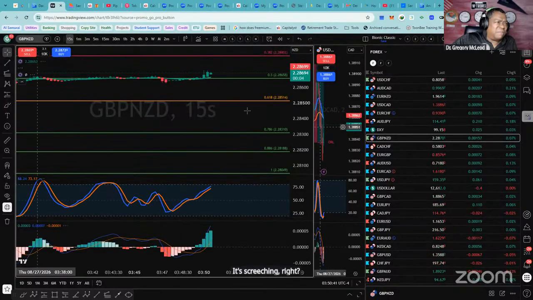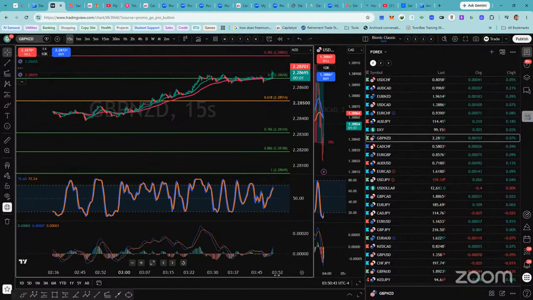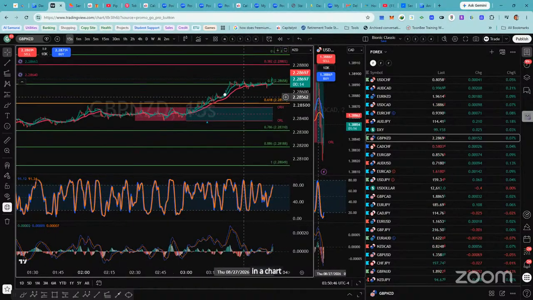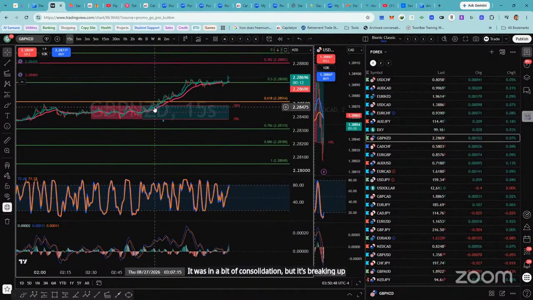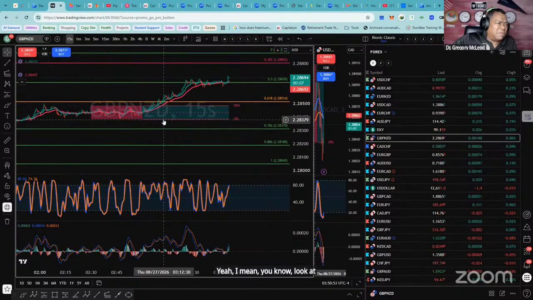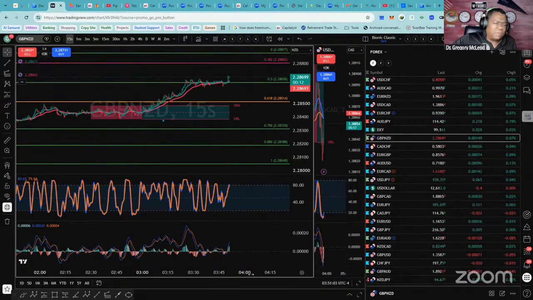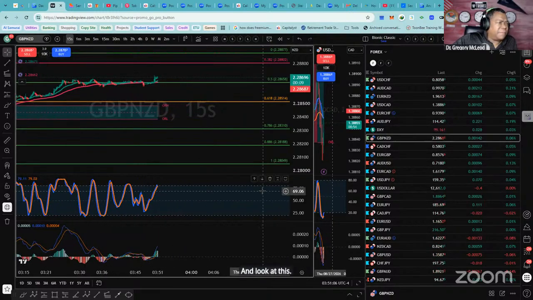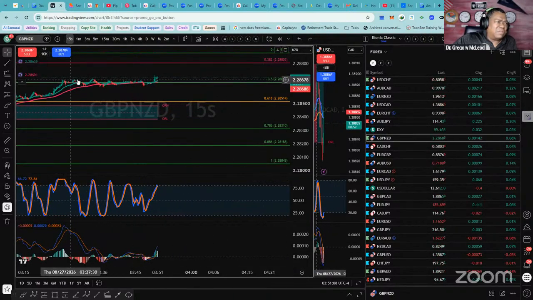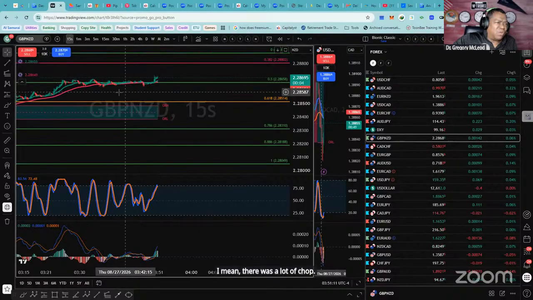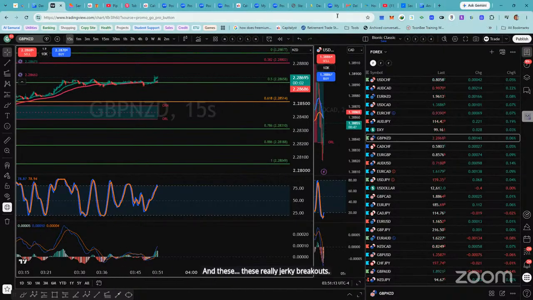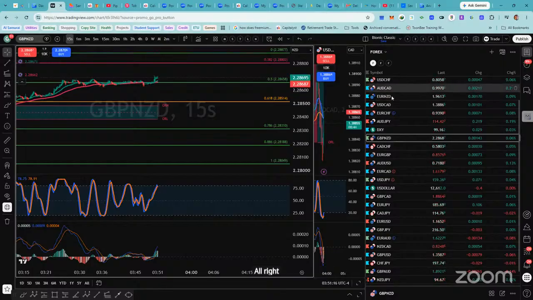It was on my 1 minute chart, in a bit of consolidation, but it's breaking up out of that. Pound New Zealand, look at that. And the little triangle it gives you, you can probably pay attention to as a buy signal too. There's a lot of chop and these really jerky breakouts. And the Aussie New Zealand's still going up.